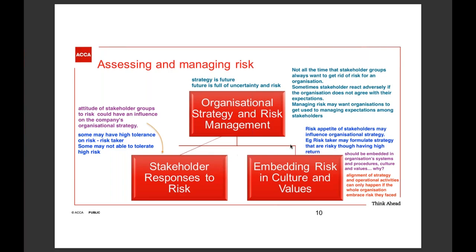You are already at this level doing your SBL, and there's a risk attached to this SBL as well. So I hope that once you know there's a high risk of failing SBL, you will take your precautionary measures to make sure you do the necessary things to pass.